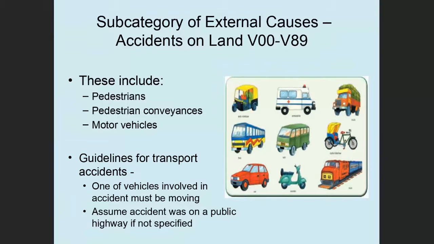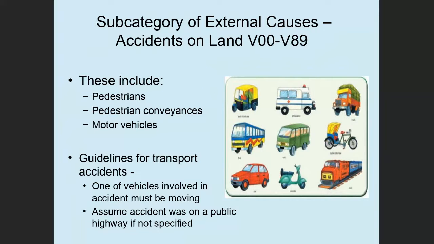So let's look at the first subcategory of transport accidents. These are land accidents. These involve pedestrians, pedestrian conveyance, and motor vehicles. We're going to divide the transport accidents into land vehicles, water vehicles, air vehicles. The guidelines state that at least one of the land vehicles must be moving at the time of the accident.